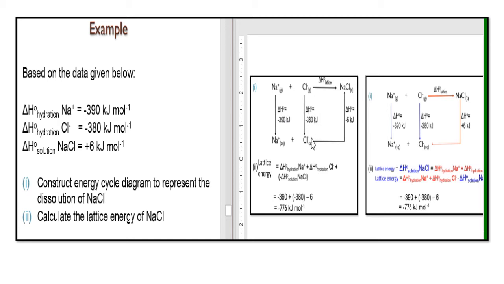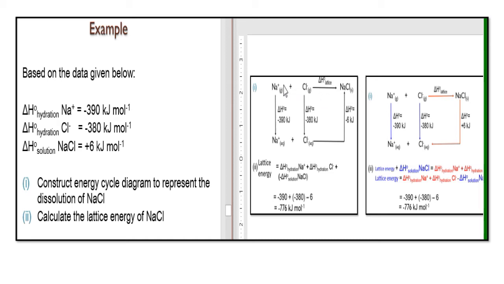And then here, initially the definition of this enthalpy of solution is 1 mole of crystalline solid or ionic solid dissolved in water to form the aqueous ions. But do you notice that the arrow is reversed? That's why the sign positive 6 changed to negative 6. And this is the lattice energy of formation. For sure, the answer for this lattice energy of formation must be a negative value, exothermic. So what is the relationship over here?